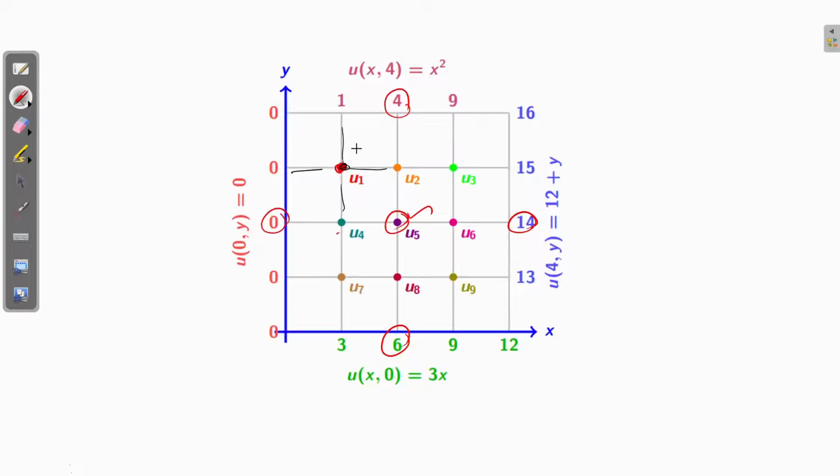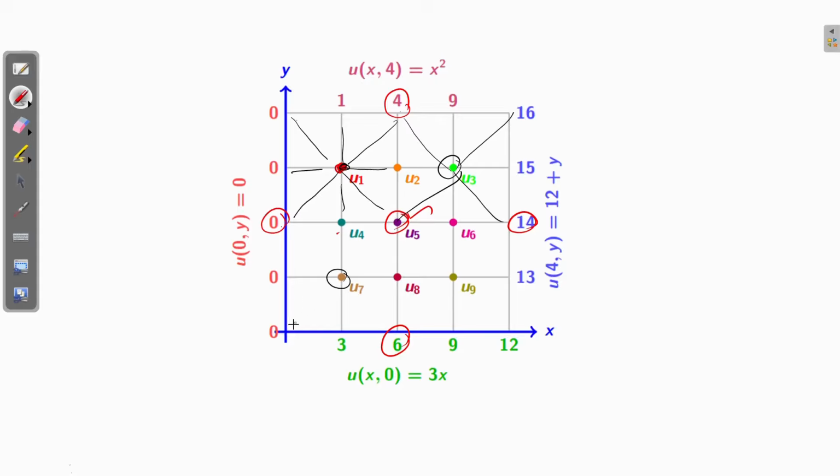So we have to find U1. What we can do is use the diagonal 5 point. These four values: 0 plus 4, 0 plus U5, diagonal 5 point. U5 we just found before, a rough initial value. Similarly, I can find U3: U5 plus 16 plus 4 plus 14, diagonal 5 point.